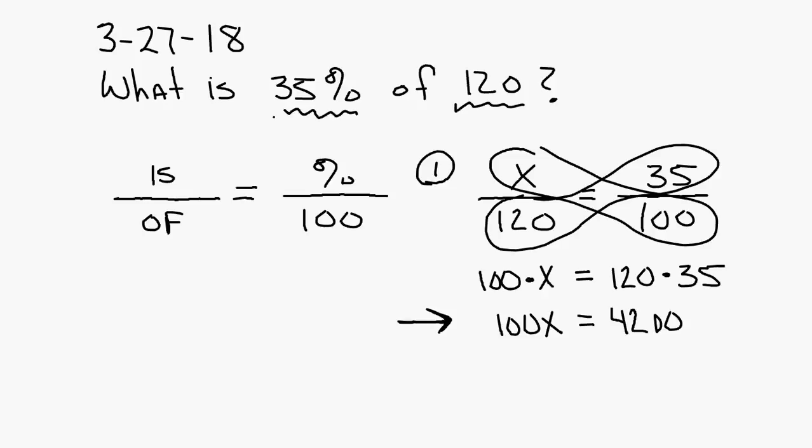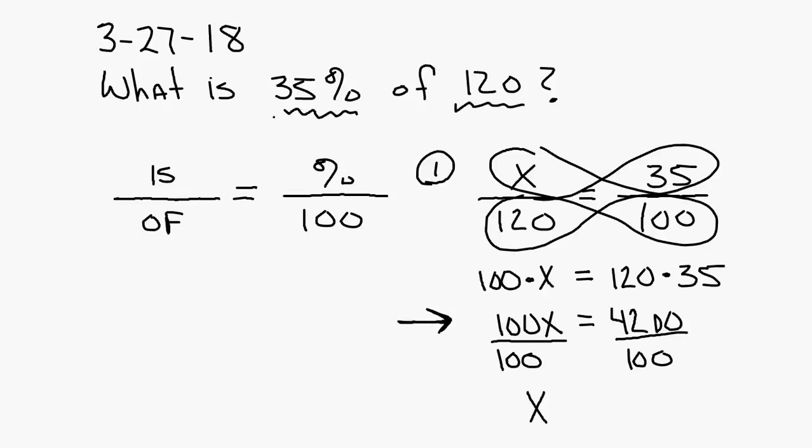And then just like yesterday, you're going to divide both sides by 100. So the 4,200, everybody should have a calculator out. You should be doing this with me. Okay? You got 4,200 sitting in your calculator. You push divided by 100. 42. Very good.